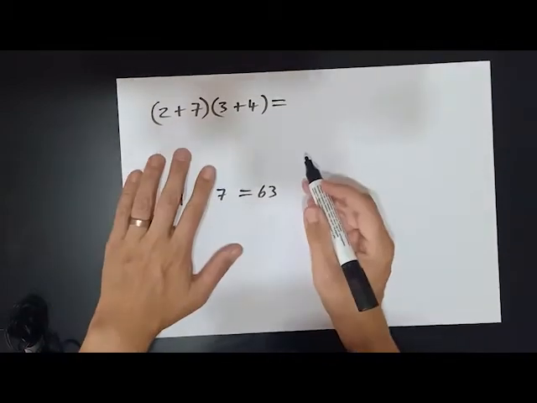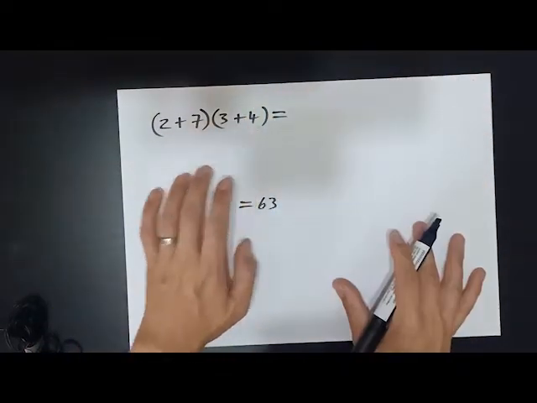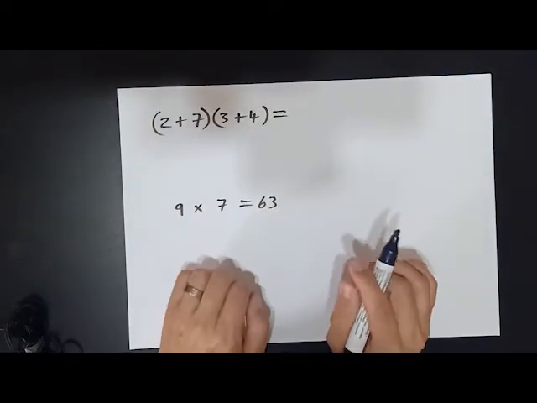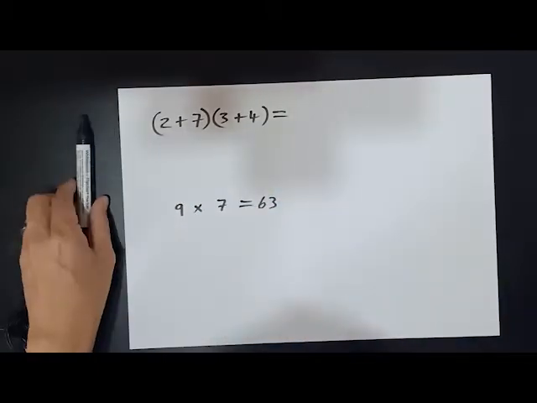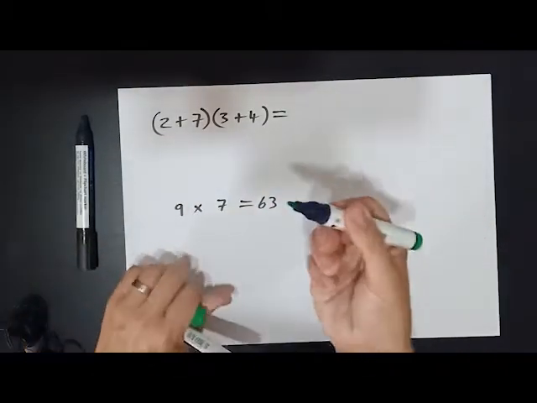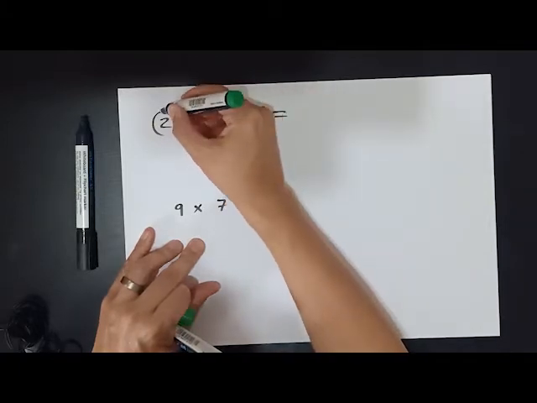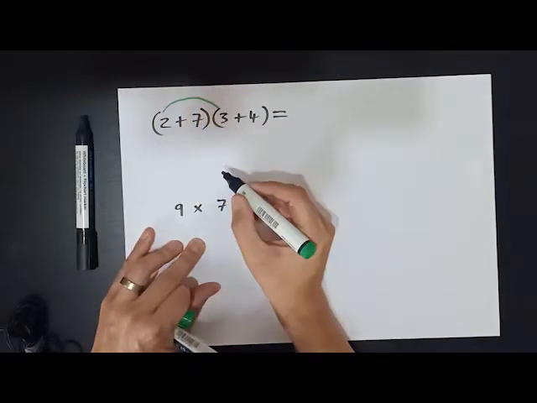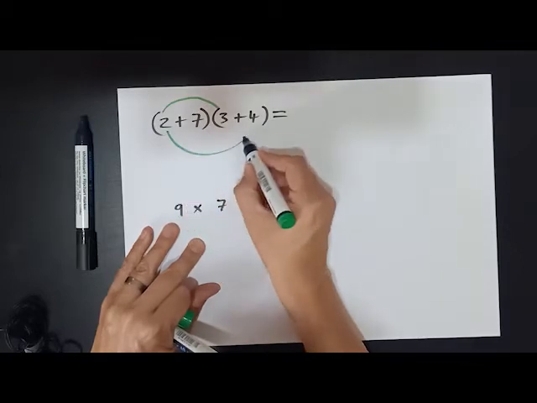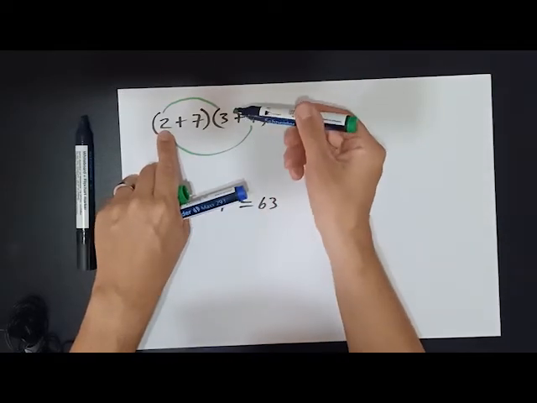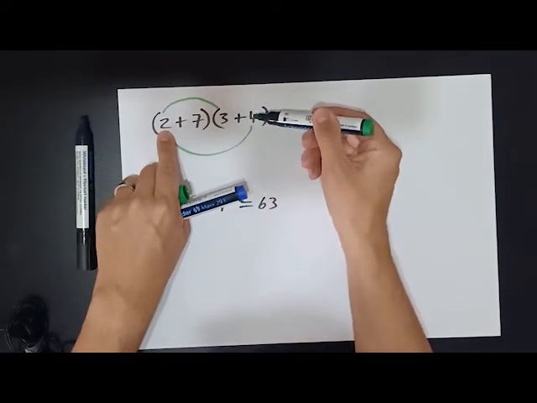But we're going to do it a different way down here and see if we come up with the same answer. We're going to multiply the 2 and the 3 and then the 2 and the 4. So the 2 times this and then times that.